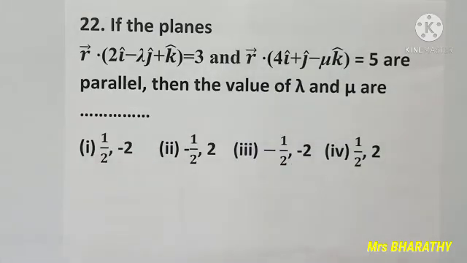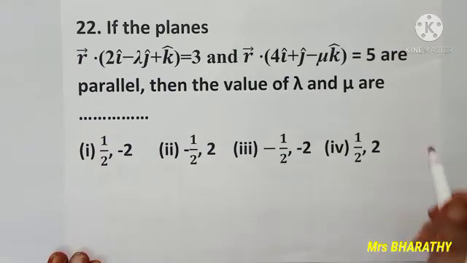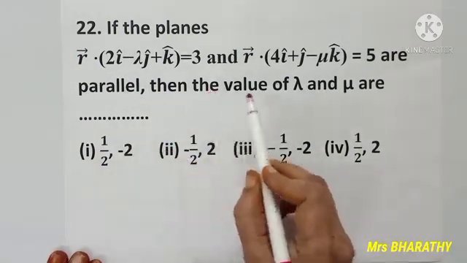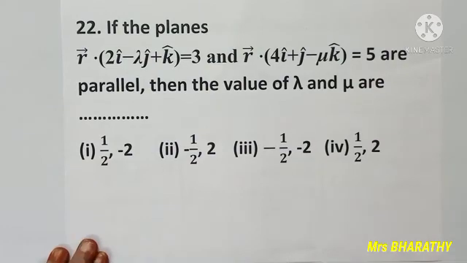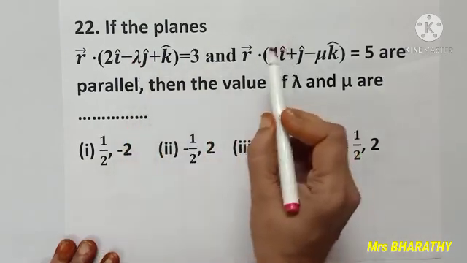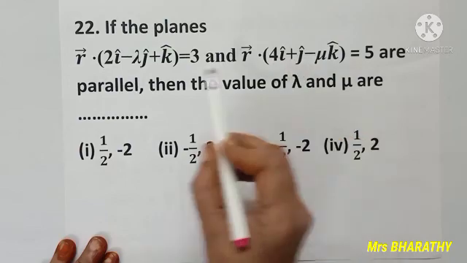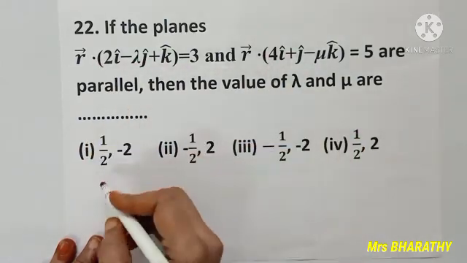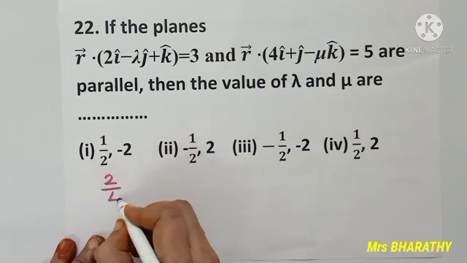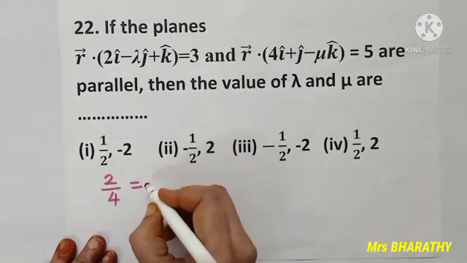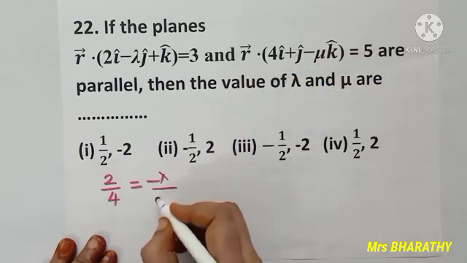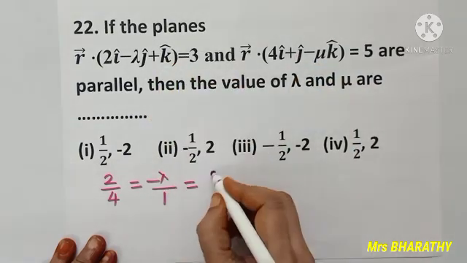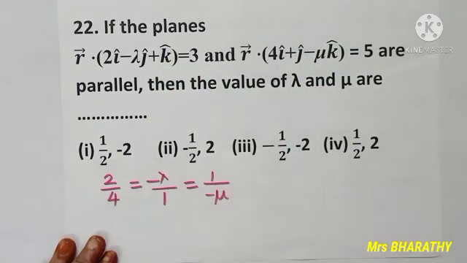Question number 22. If the planes are parallel, then find the value of lambda and mu. Whenever we say the two planes are parallel, the directions must be proportional. Or I will say 2 by 4 equals minus lambda by 1 equals 1 divided by minus mu.